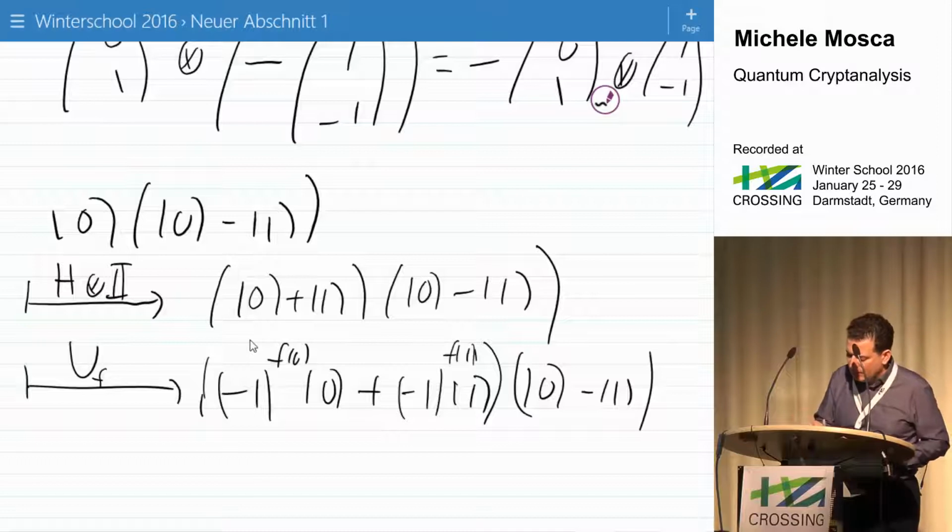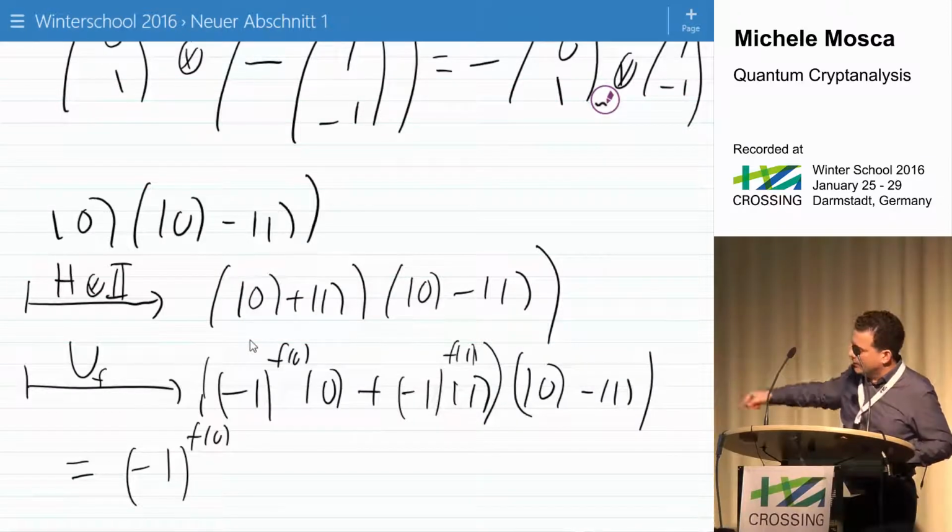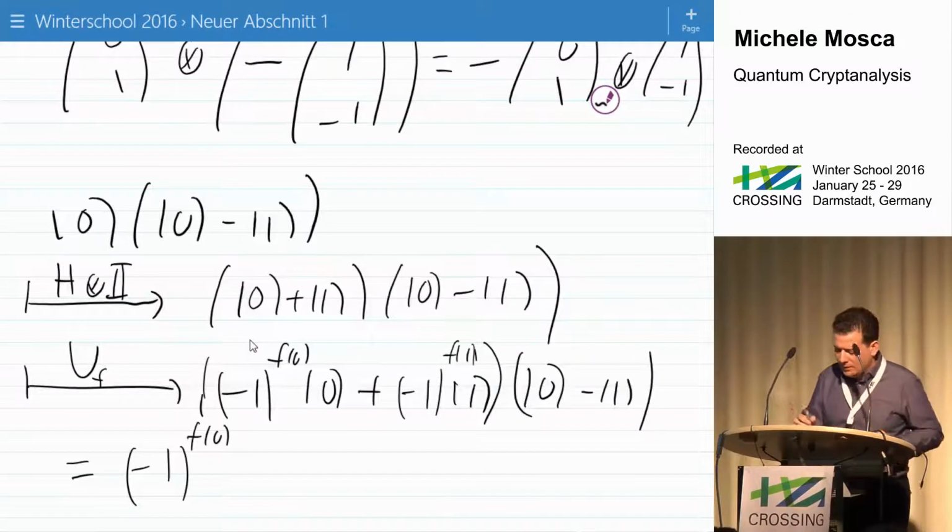And now you can notice, just for convenience, let's factor out minus 1 to the f at 0. Because this is either minus 0, minus 1, minus 0, plus 1, plus 0, minus 1, or minus 0, minus 1, right? But let's factor out a minus 1 to the f at 0.